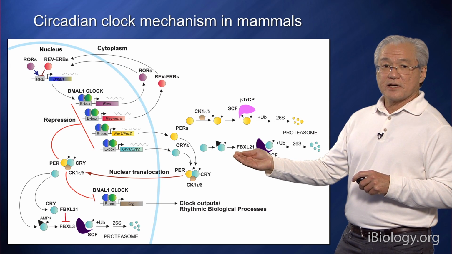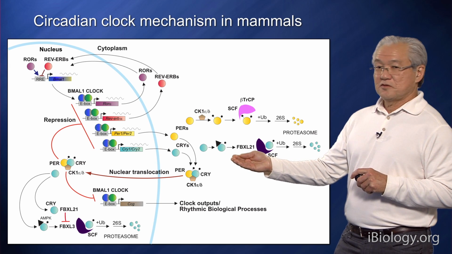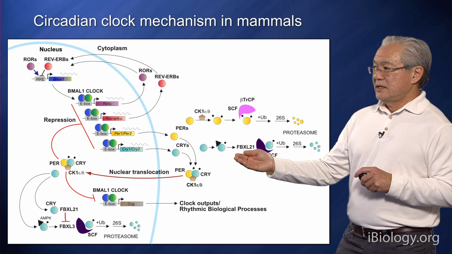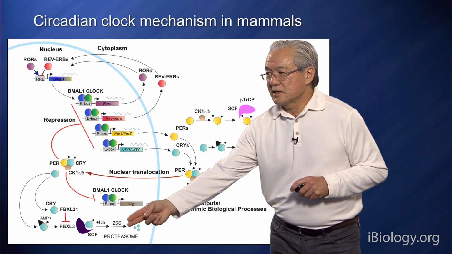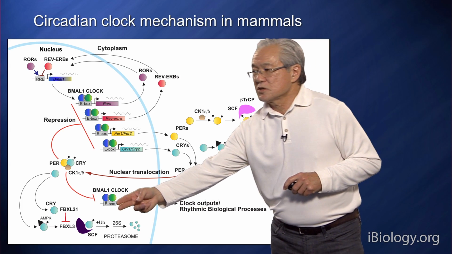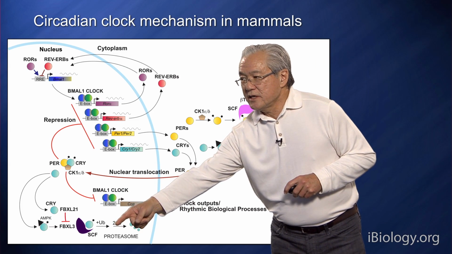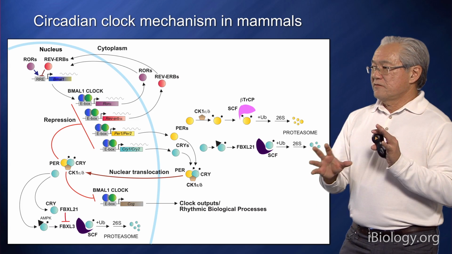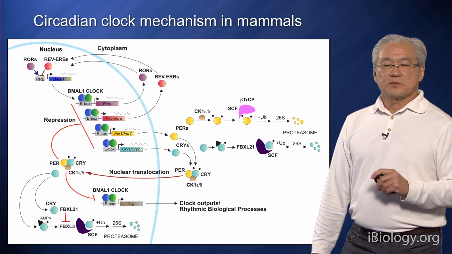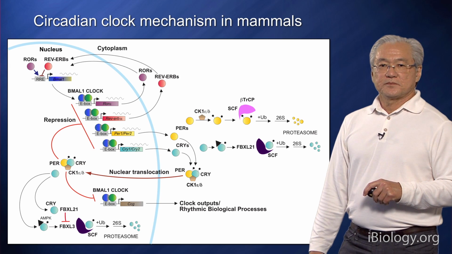There is no FBXL3 as we thought before in the cytoplasm. Instead, most of the action is actually occurring in the nucleus, where FBXL21 and 3 are competing for cry in a very fine balance to regulate the stability of the cryptochrome protein.